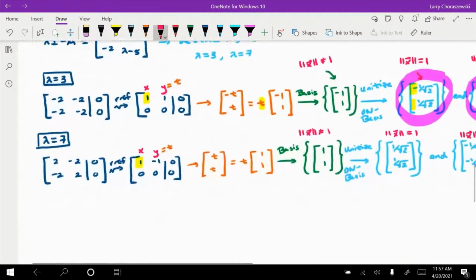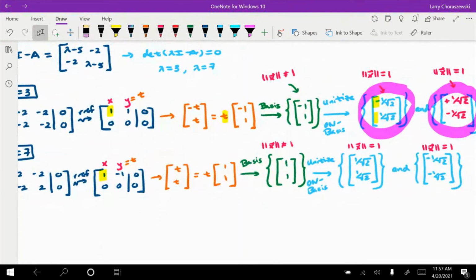Now, you guys want to see? Yep, go ahead. Sorry, I just wanted to ask where do you find that radical 2 from? Oh, okay, yep. So this right here, if we do the norm of 1 comma 1, we square the first component, add it to the square of the second component, and then we square root.